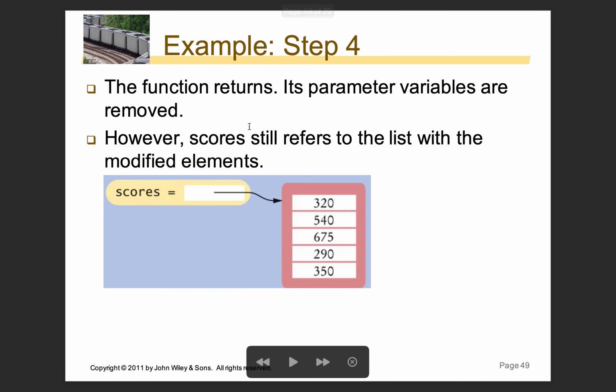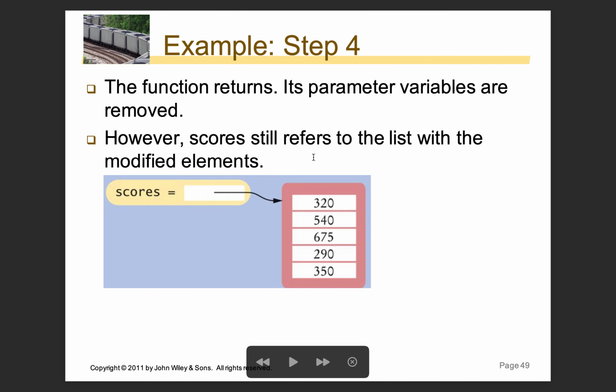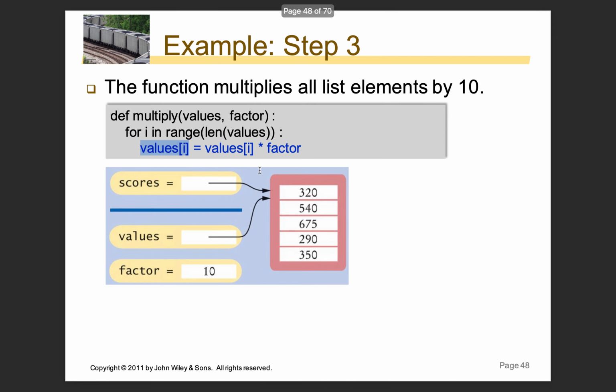Okay. The function returns. Its parameter variables are removed, so we get rid of values and factor. However, scores still refers to the list with the modified elements, because values and scores contained a reference to the same list in memory.